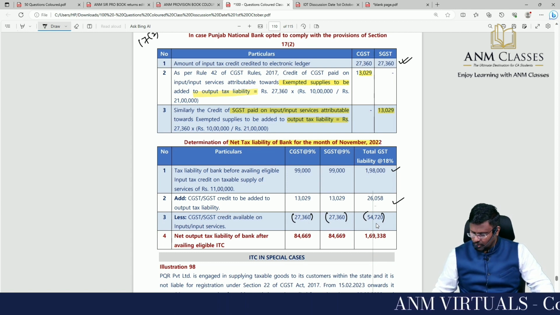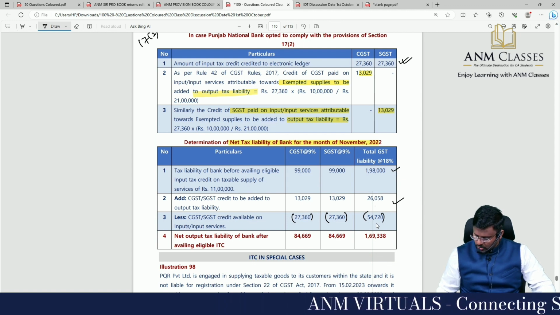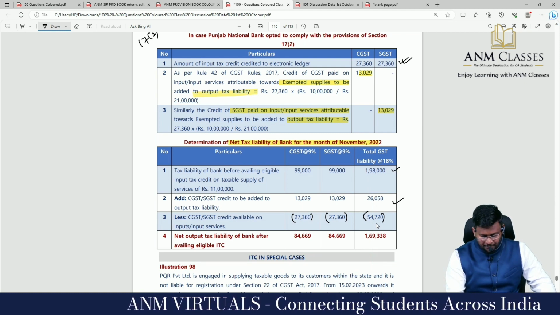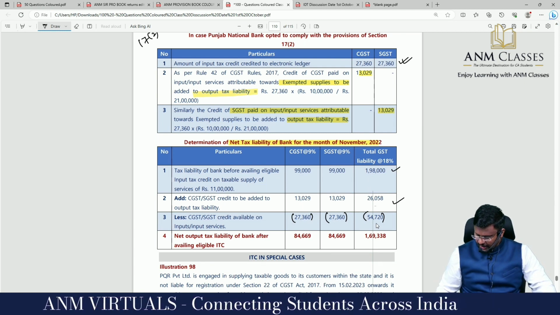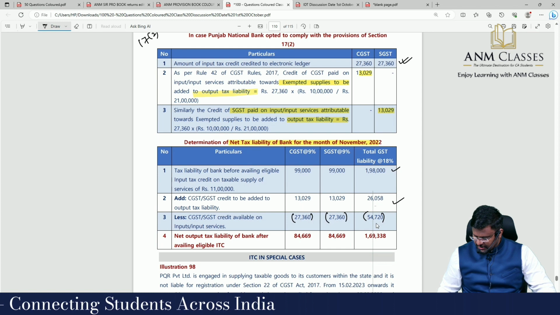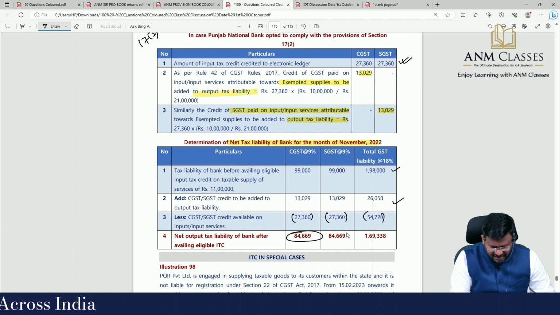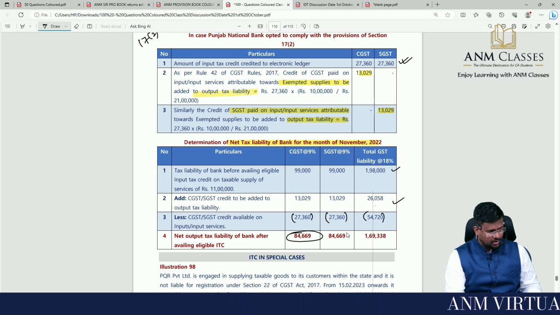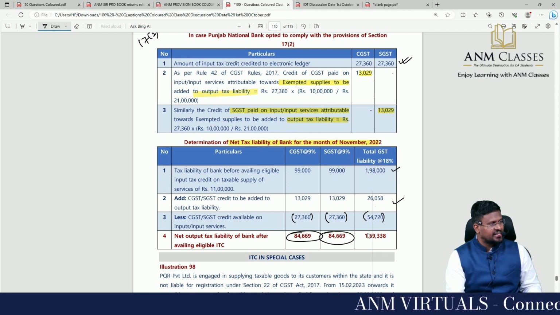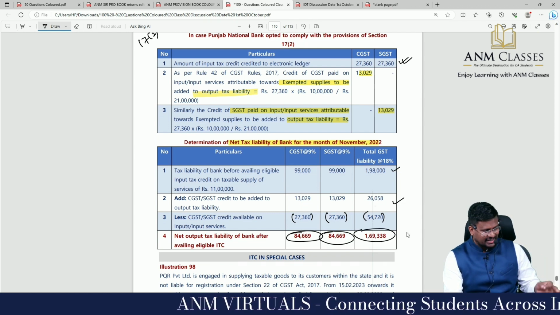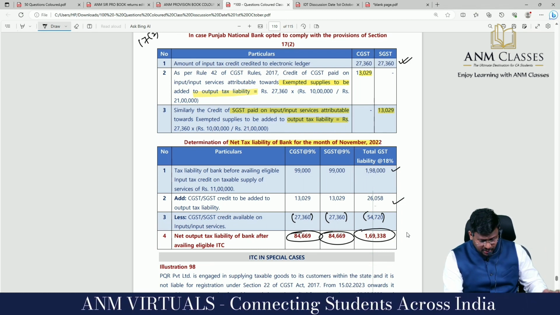So 99,000 plus 13,029 minus 27,360 comes to 84,669, which is the net output tax CGST liability. 84,669 is the net output tax SGST liability. 1,69,338 is the net total GST liability.